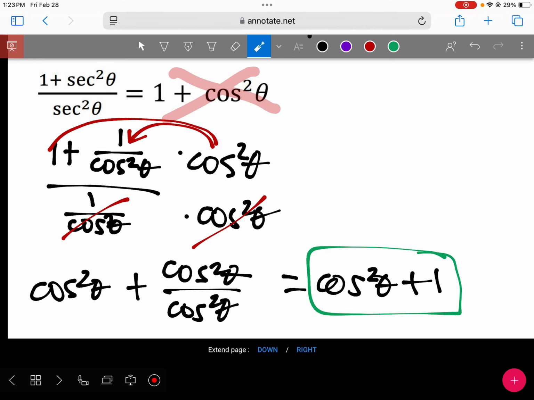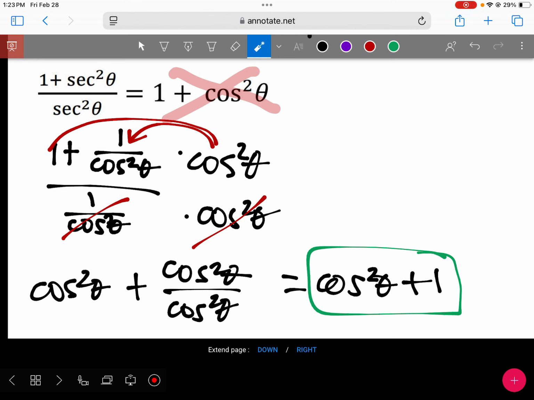But what happens to the 1 plus 1 over cosine squared? That's the only thing that's different. I didn't end up rewriting this, because that cancels to be 1. So it's just that over 1. And then what is the cosine squared over cosine squared?